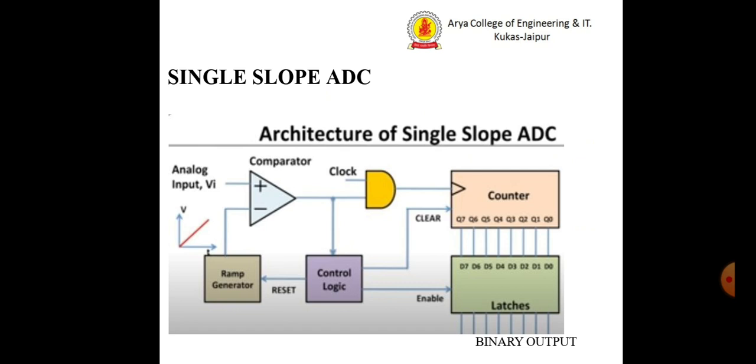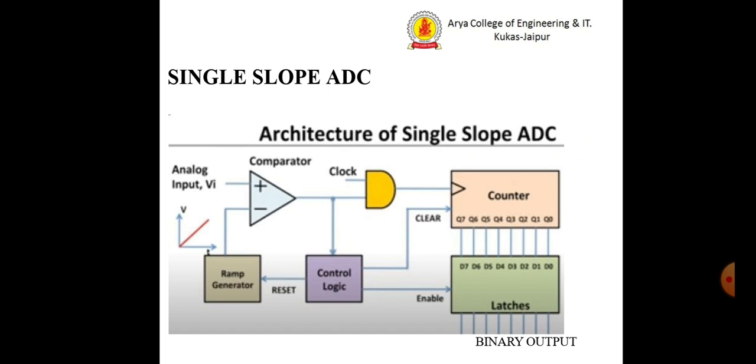The next input of the comparator is coming from a ramp generator, which is going to generate a ramp signal. The output of the comparator is fed to a clock circuit, which is going to produce a clock only if the comparator gives a high.